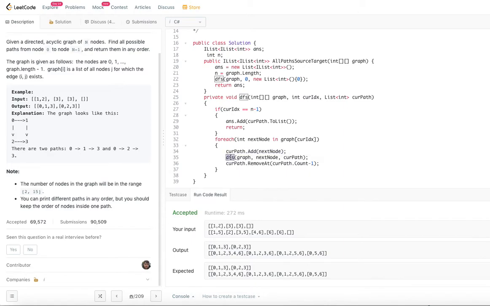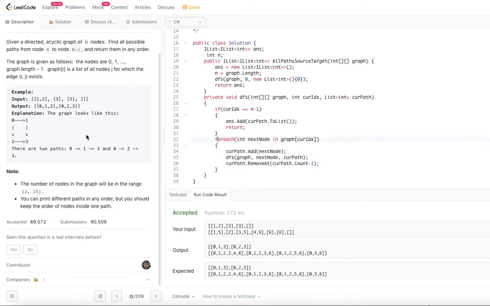Essentially, we start at one node and see if there are any paths possible from that node. In this particular example on the left hand side, we start with 0. From 0 we could go to 1 or we could go to 2. That is what we are doing in this for each, right?